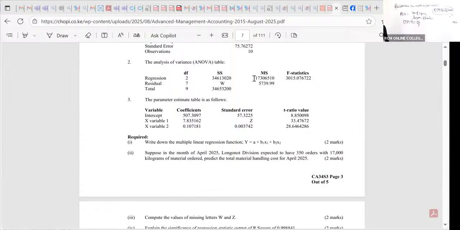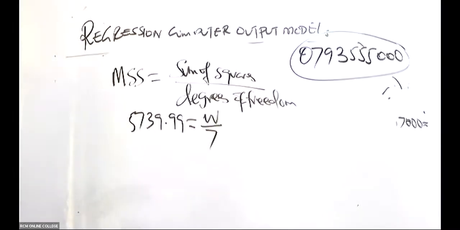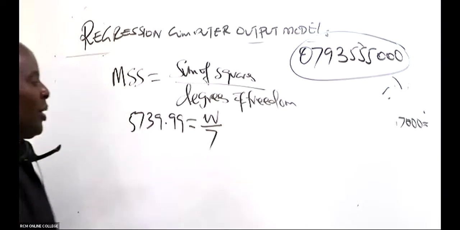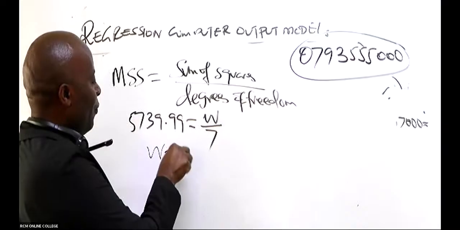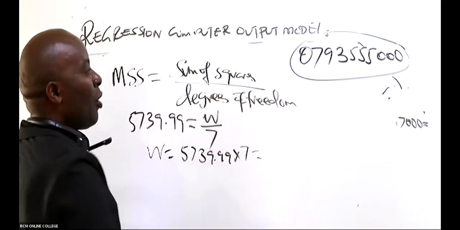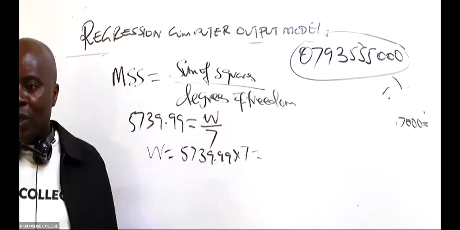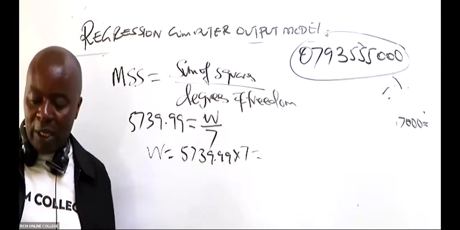So then I can easily make W the subject of the formula. W will be 5739.99 times 7, which approximately gives us what figure?